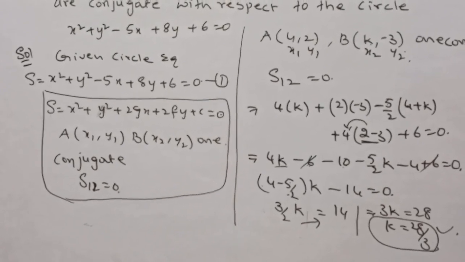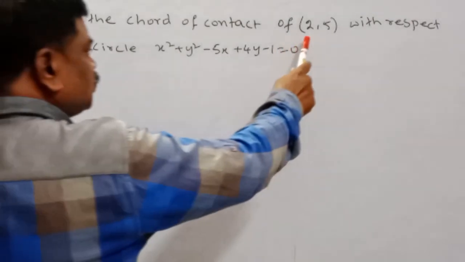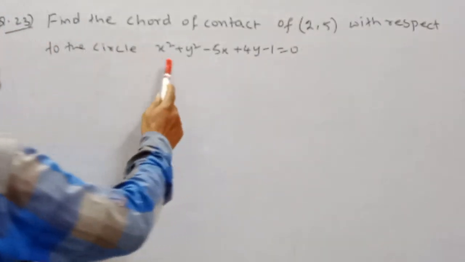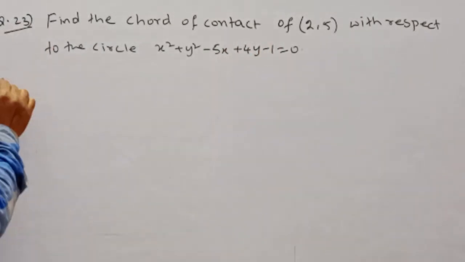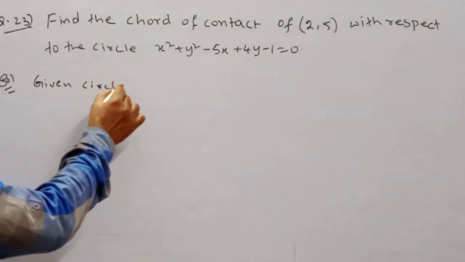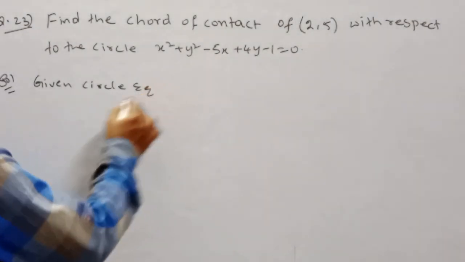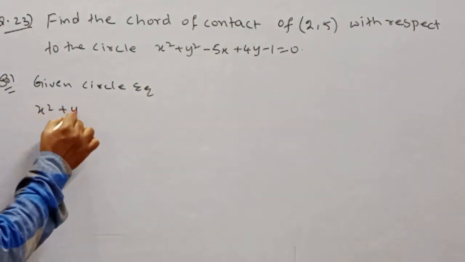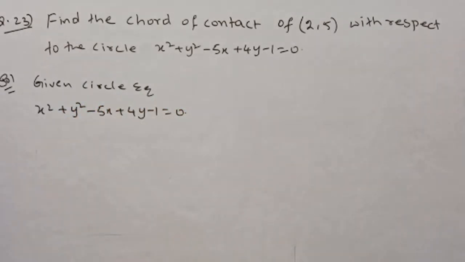Thank you. One more problem from circles. Find the chord of contact of (2, 5) with respect to the circle x square plus y square minus 5x plus 4y minus 1 equal to 0. So the given circle equation is x square plus y square minus 5x plus 4y minus 1 equal to 0.